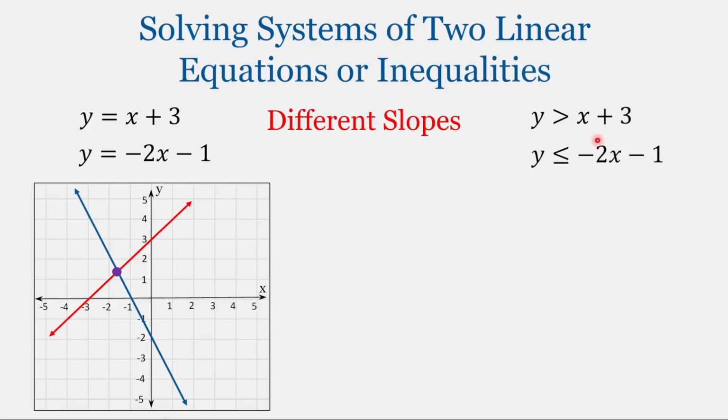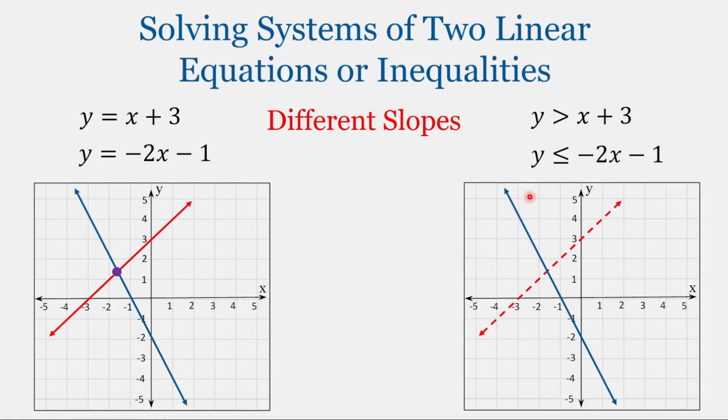When we're looking at two linear inequalities, to find the solution, the first thing we're going to do is graph each of those boundary lines. When we graph these two boundary lines, this divides our graph into 4 different regions. And then we need to determine which region to shade for each of these inequalities.